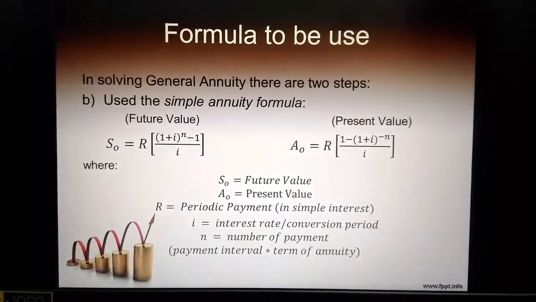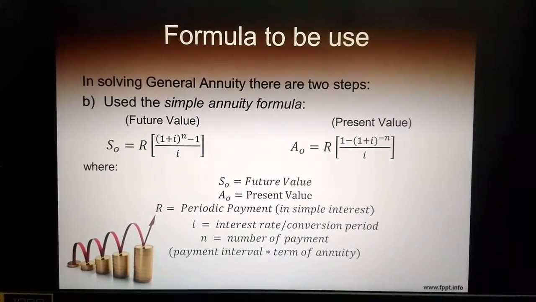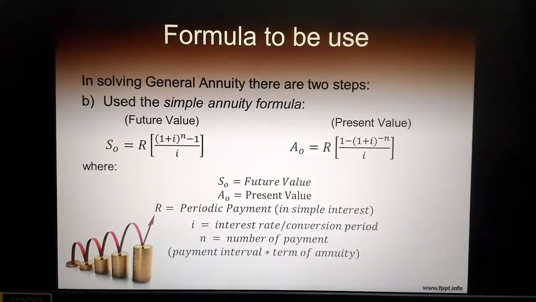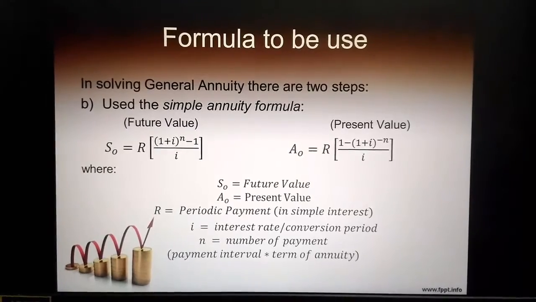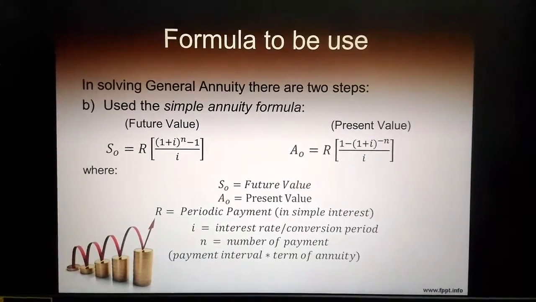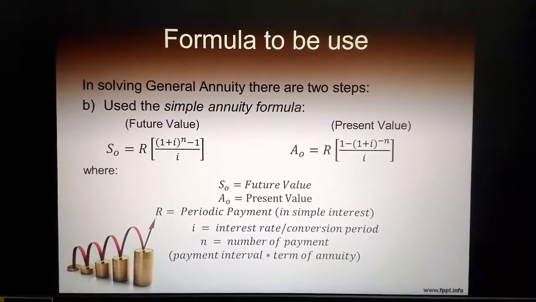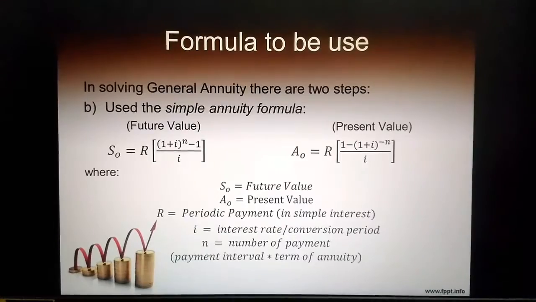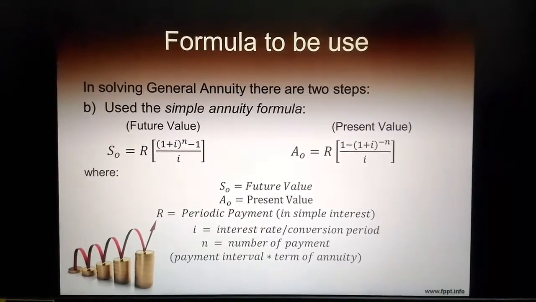Step 2. Use the simple annuity formula. For the future value, we use S is equal to R multiplied by the quantity of 1 plus I raised to the power of N minus 1 over I. For the present value, A is equal to R multiplied by 1 minus the quantity of 1 plus I raised to the power of negative N over I, depending on what is asked in the problem.